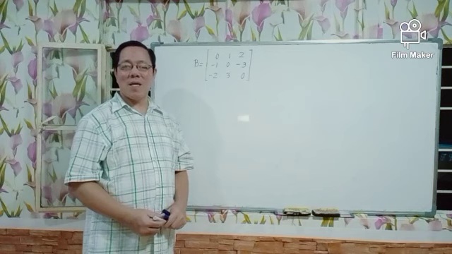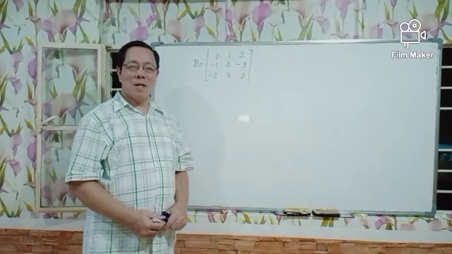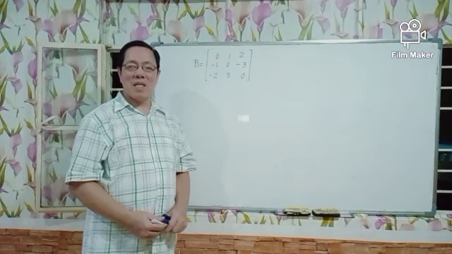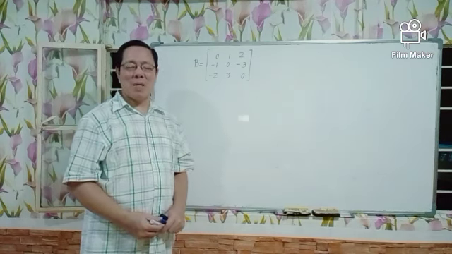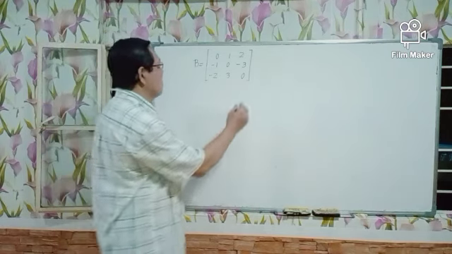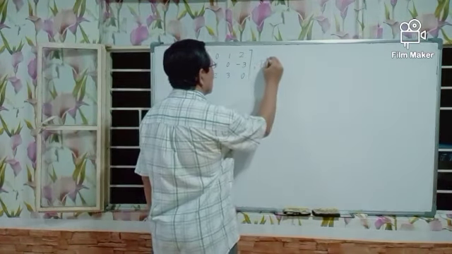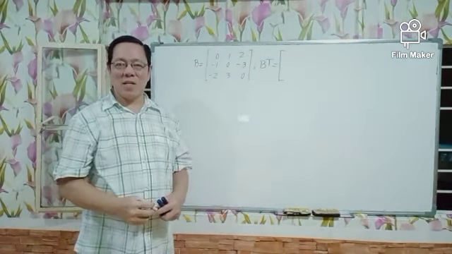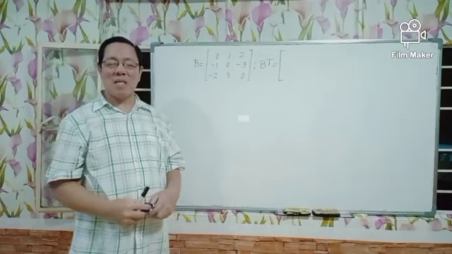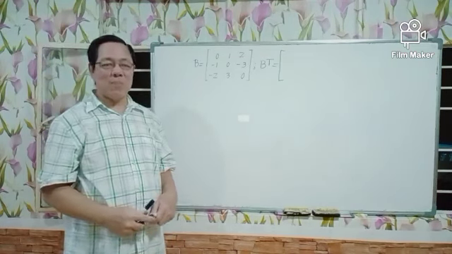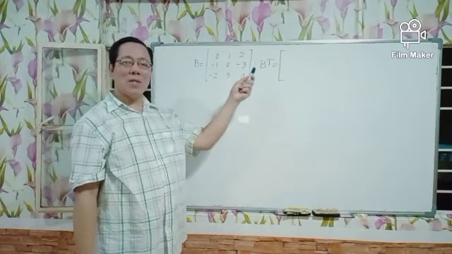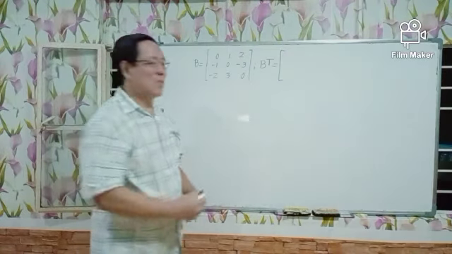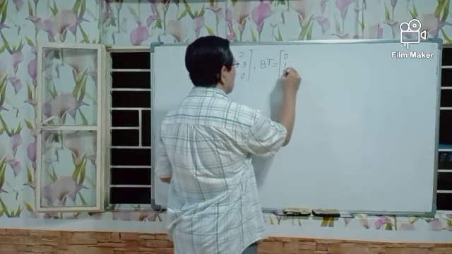If B is a skew-symmetric matrix, then the transpose of B must be equal to the negative of B. We start by getting the transpose of matrix B, denoted by B to the power T. To get the transpose of B, we write each row of matrix B as columns of the transpose of B. The first row 0, 1, 2 we write as the first column of B transpose, 0, 1, 2.